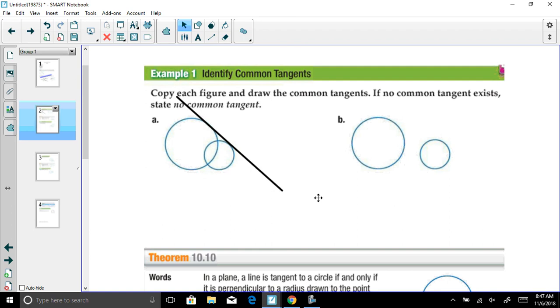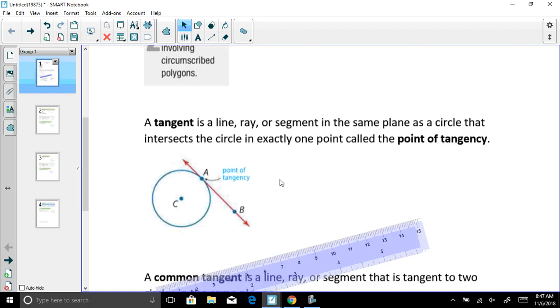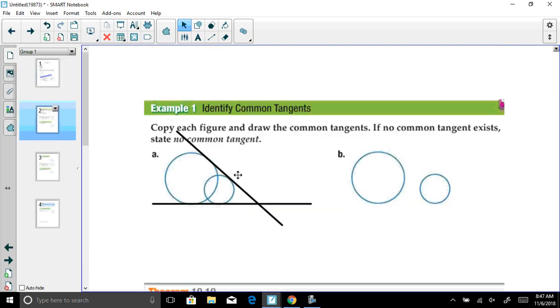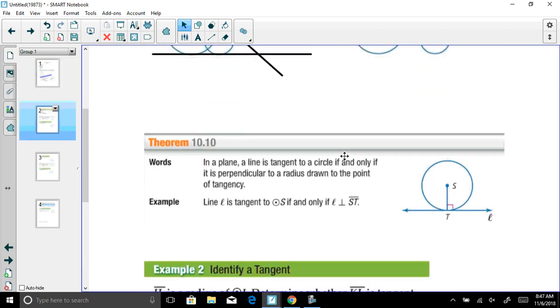Appears to be tangent to both circles. And you could also go with this one along the bottom. Good start, but adjust, of course. So there's 2 on A, and then B is pretty similar to this example we see here. So you could have 4 on those 2 circles in example B.